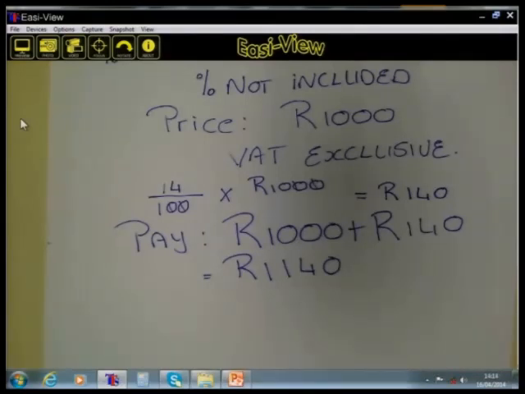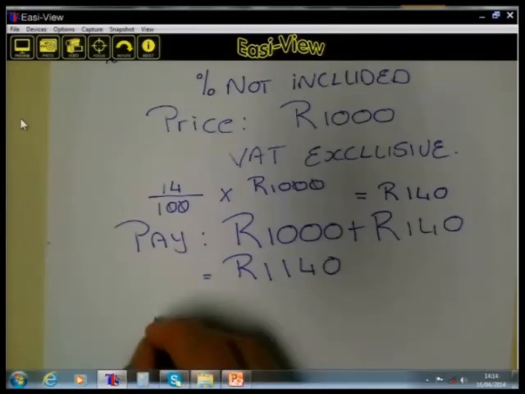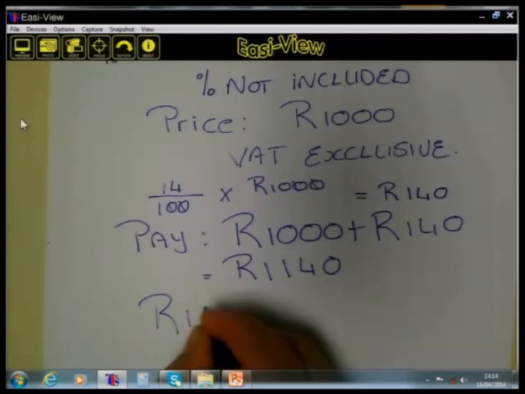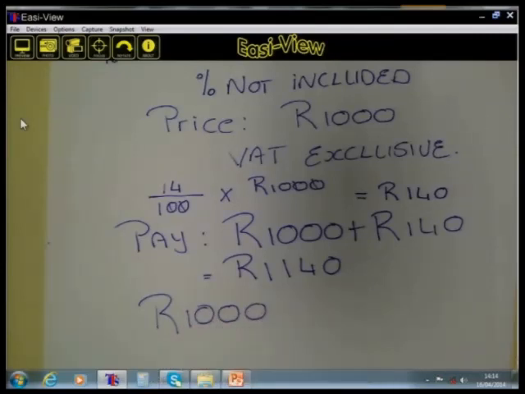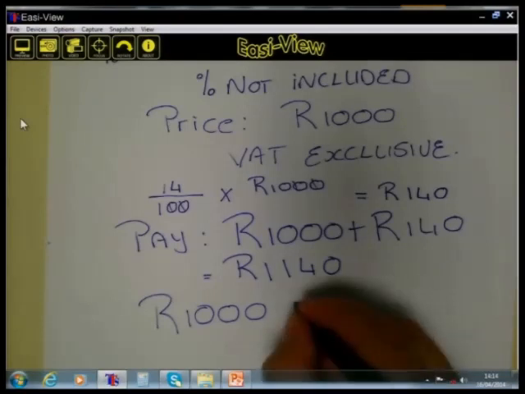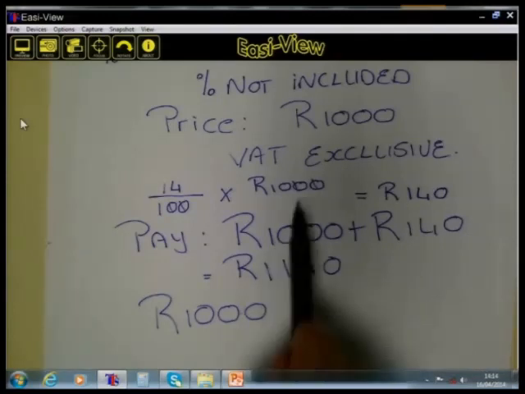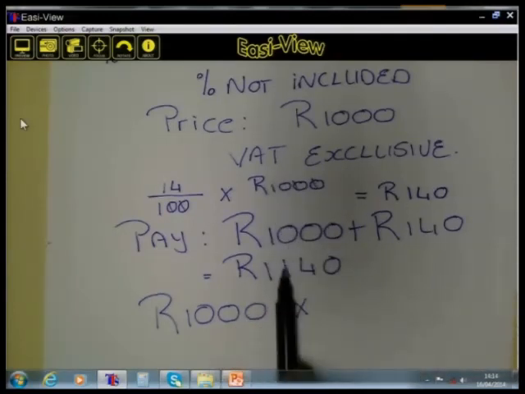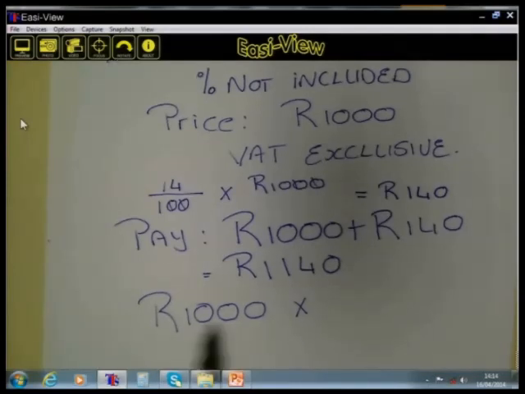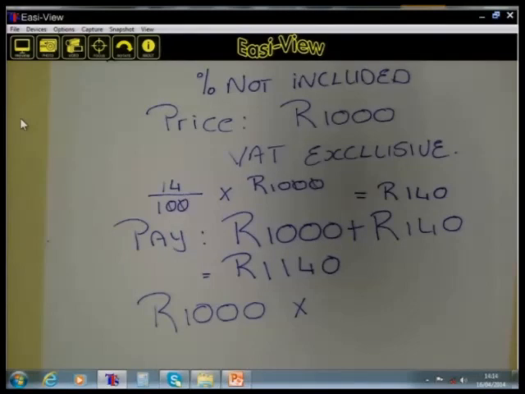Another way to do it is to say, if I take my 1,000 rand that I have to pay for the item and I want to add VAT, I can multiply it by, and when I multiply, I do these two steps in one. I take the 100%, because 1,000 rand is 100%, that is what I have to pay for the article. Then on top of that 100%, I must add my VAT.